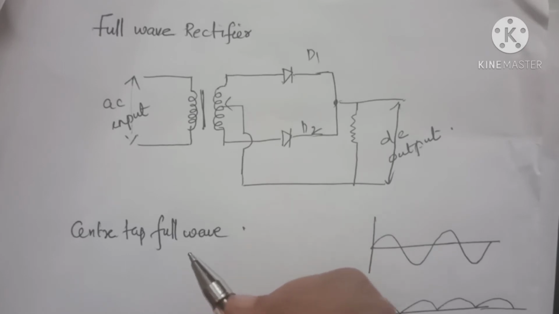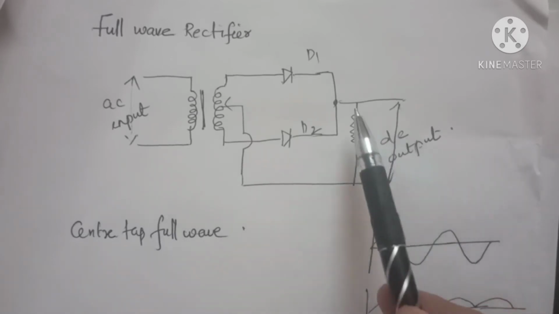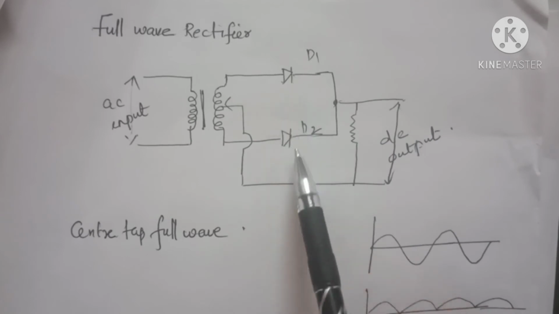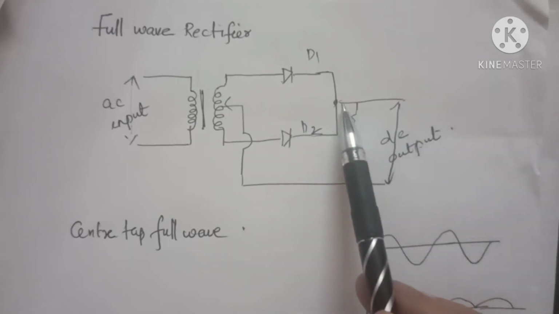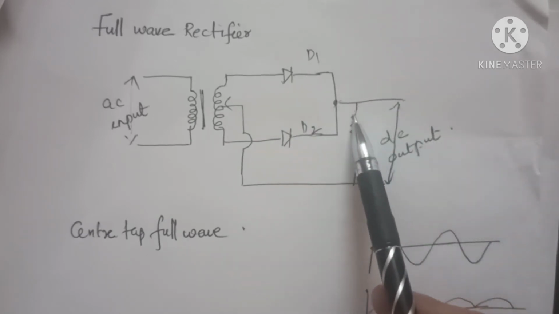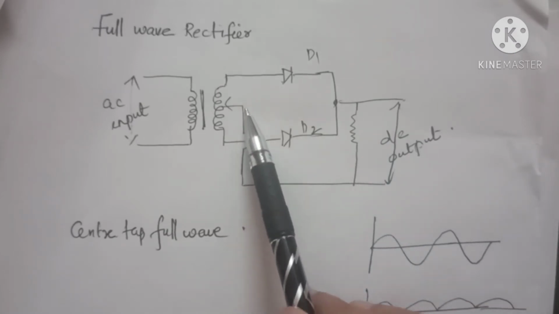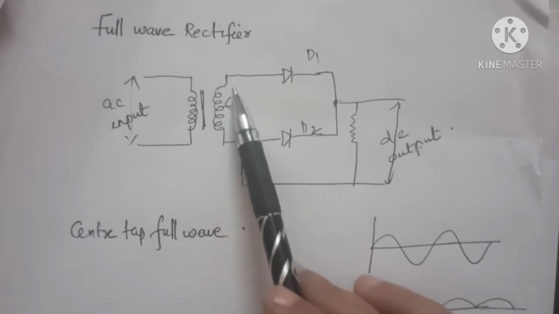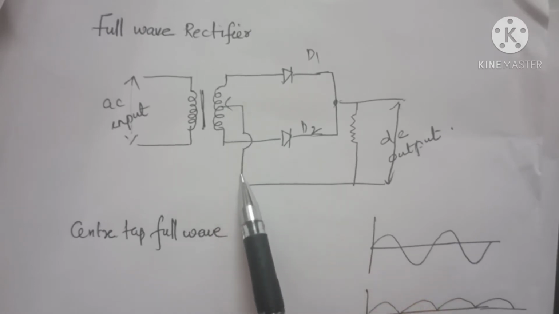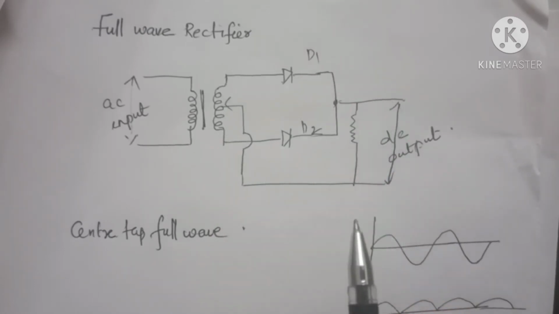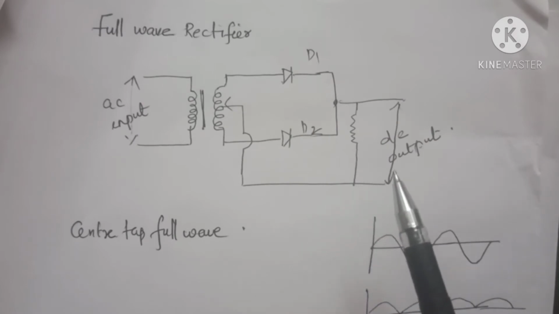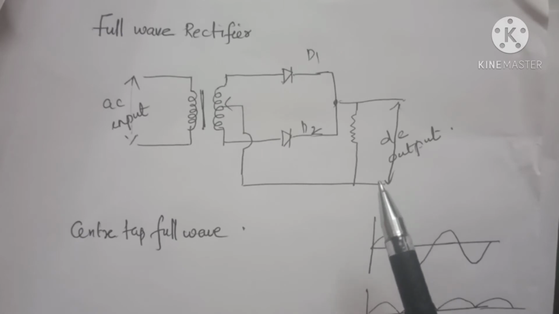Clear? Here there are two diodes, and the output can be measured with the help of a load resistance. This is in connection with the secondary of the transformer. This way of arranging is known as a center tap transformer, giving the center tap full wave rectifier.